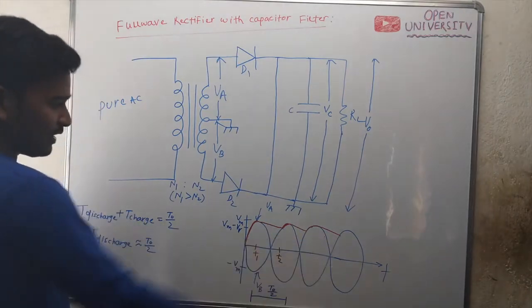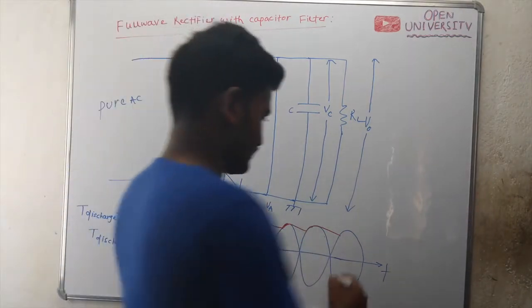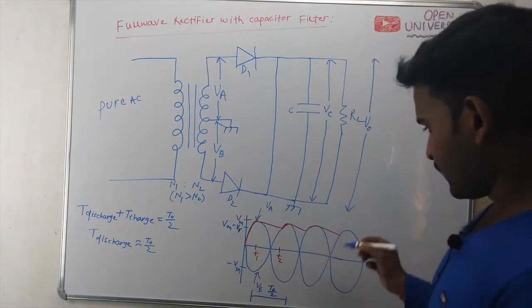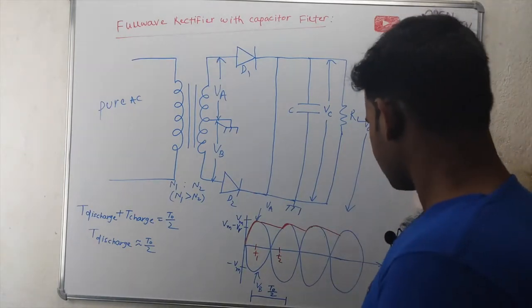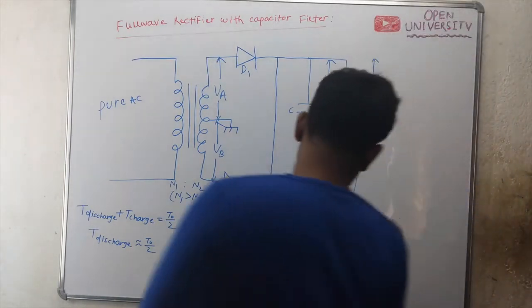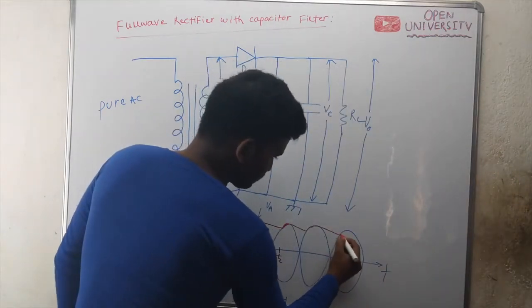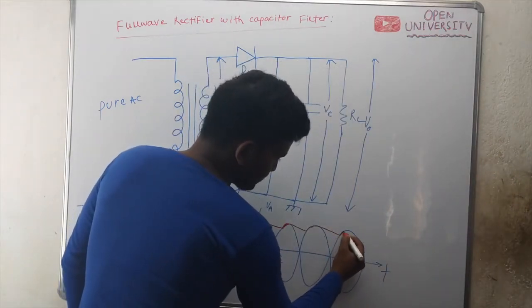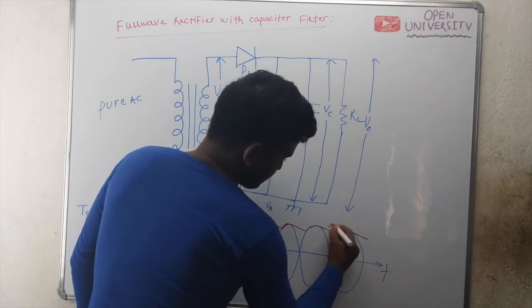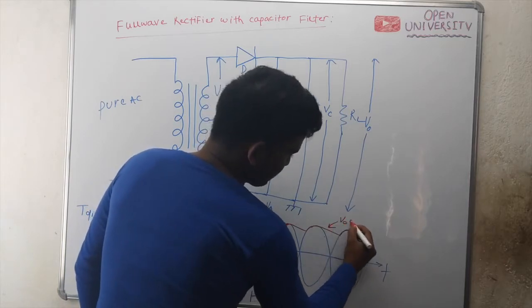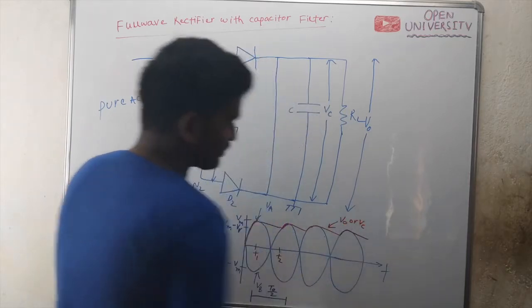This red color is the output waveform V naught. This process will continue like this. This is the output waveform V naught, or also the waveform for Vc.